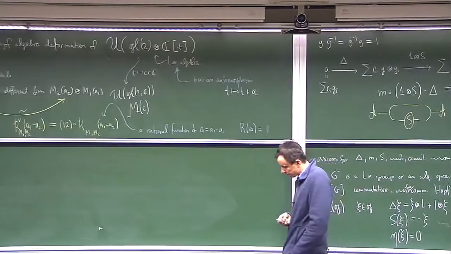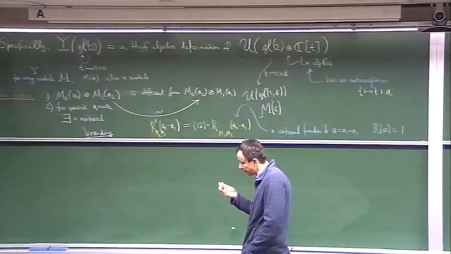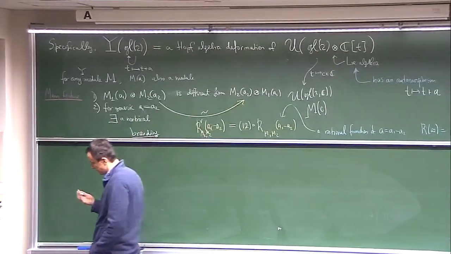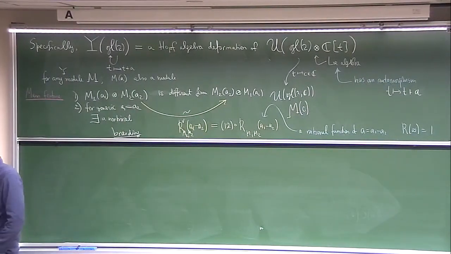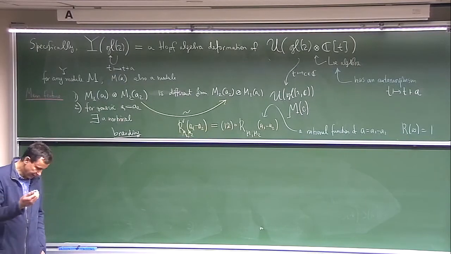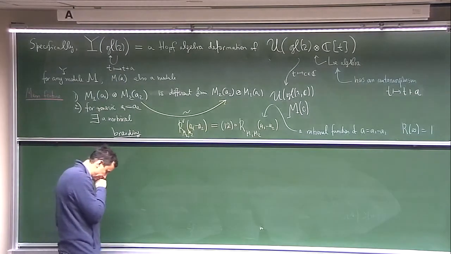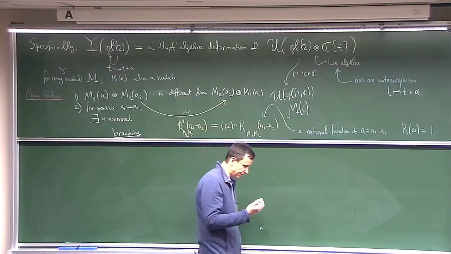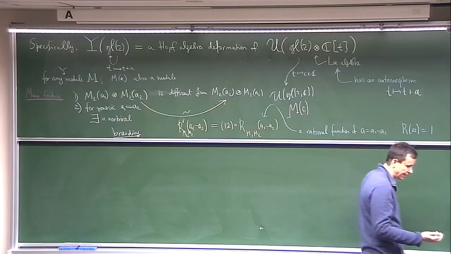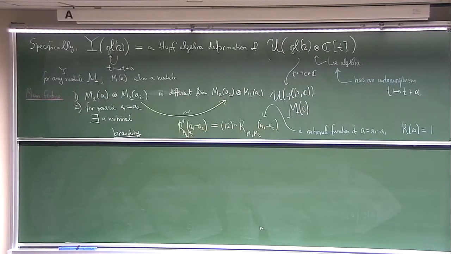And then there's a general reconstruction theorem that says that any abelian category with such data is in fact a category of modules over some Hopf algebra.